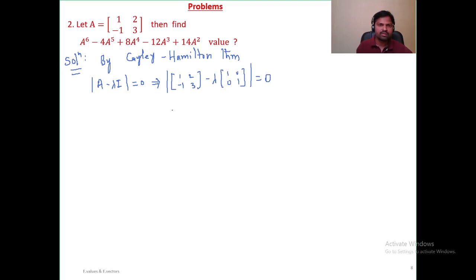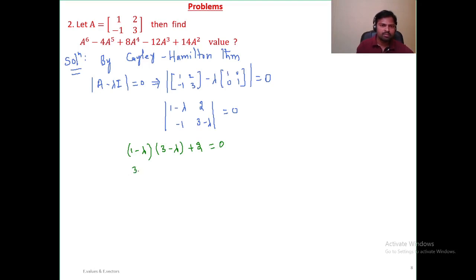Now simplify. So 1 minus lambda, 2, minus 1, 3 minus lambda. Determinant equal to 0. Then find out. So 1 minus lambda into 3 minus lambda, and plus 2 equal to 0. 2 by 2 matrix determinant.